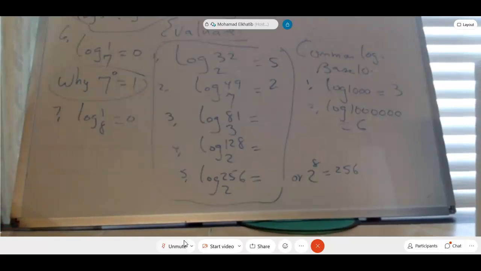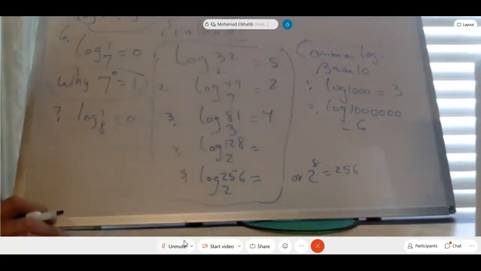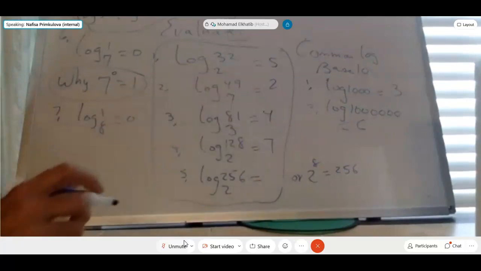Okay. Did anybody get 4 here when you use the calculator? Yes or no? Did everybody get 7 when you use the calculator here?